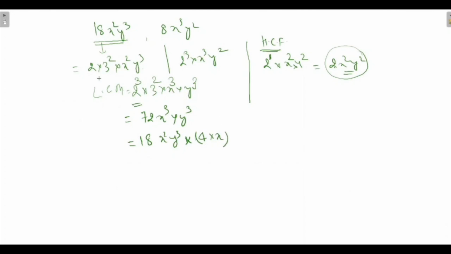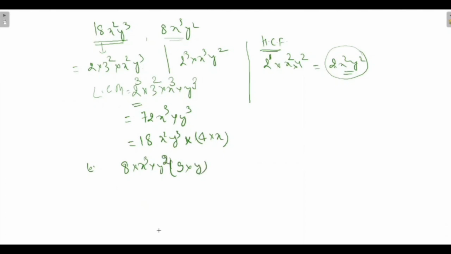So this number will be able to divide LCM. This number will also be able to divide LCM. So in terms of 8x cube y square, I'll have to put this again. This will be 8 into x cube y square if I have to write. Then what I'm left with is 9 into x is gone, and this is y square, right? Then y.